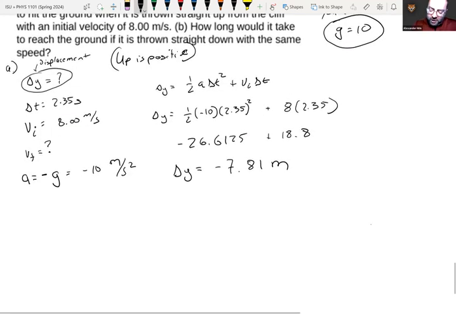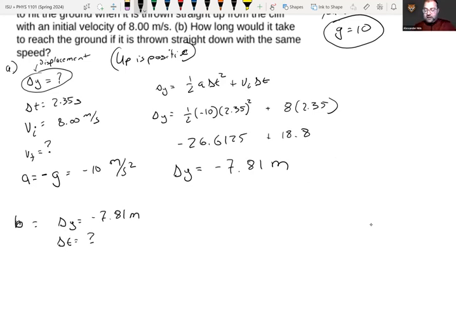Okay. So for part B, it's asking the same thing again. So this time we actually know delta y, though. So we'll use negative 7.81 meters. And we don't know delta t. It's asking us to find a time. So that's what we're looking for.